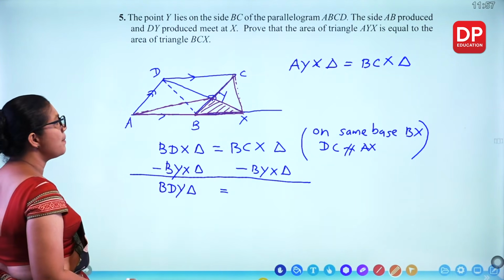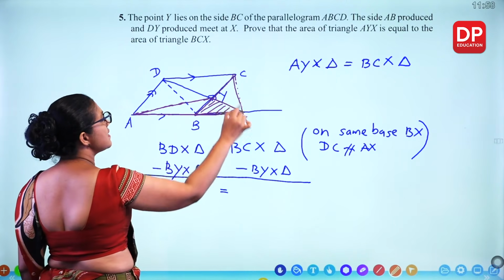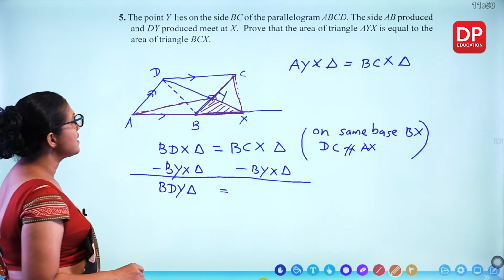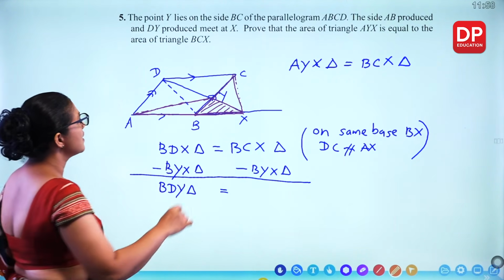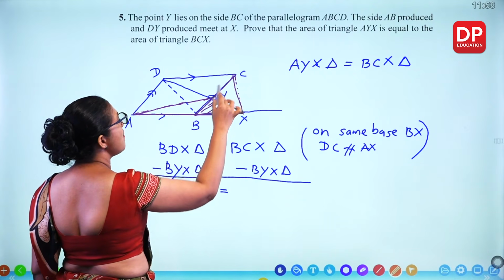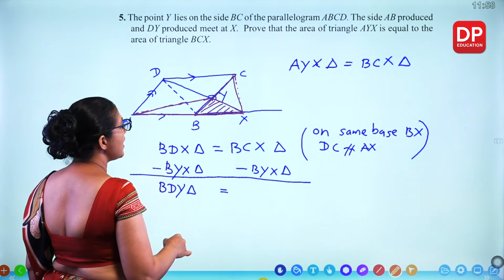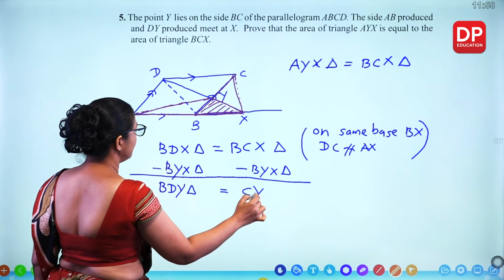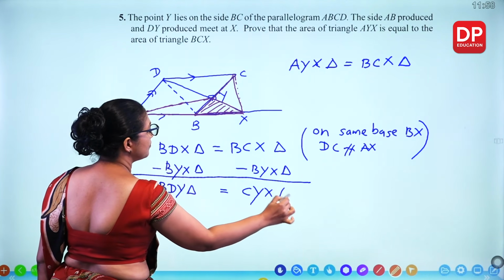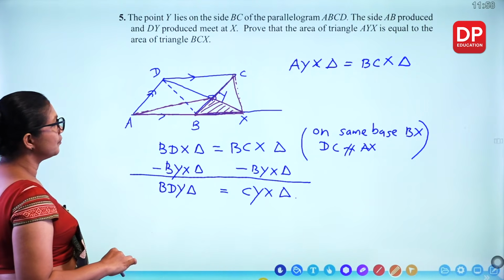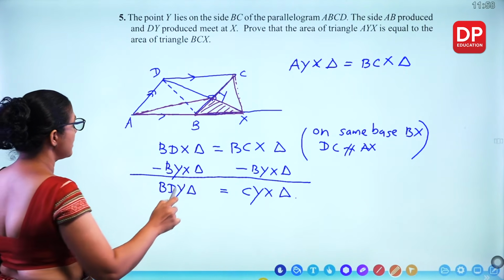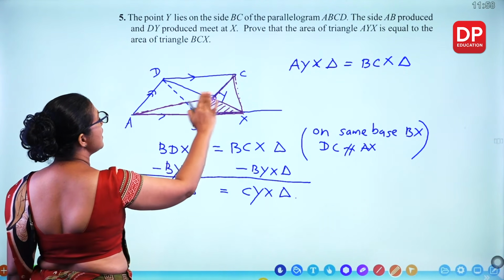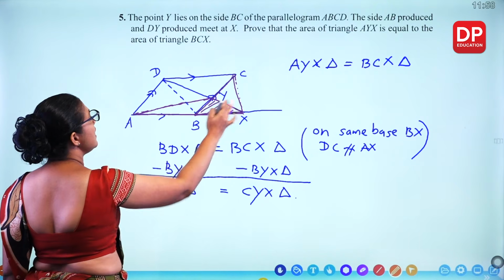Other side, BCX triangle minus BYX, I am getting CYX. Now we found these 2 areas are equal.